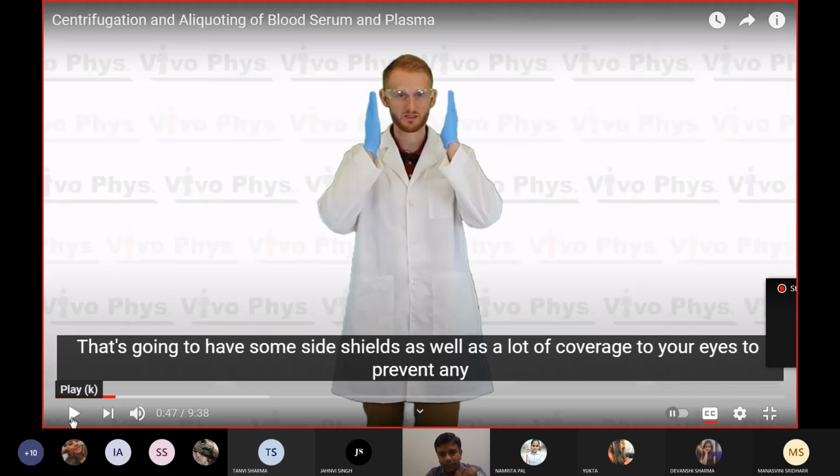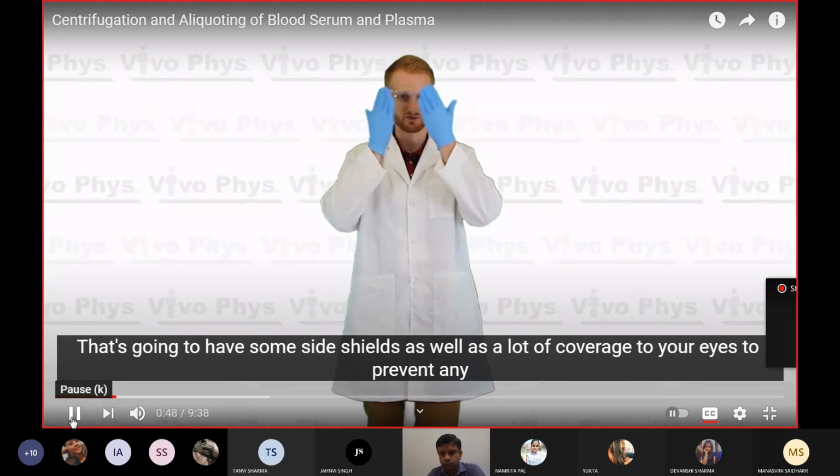And to protect your eyes, there are goggles which are available, so you can use them. Because see what happens sometimes, the blood drop may splash, and if there is some kind of splash, the drops can then get into your eyes, right? So this kind of protection is usually required.